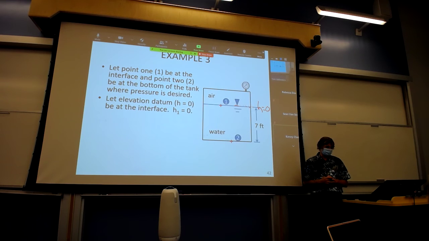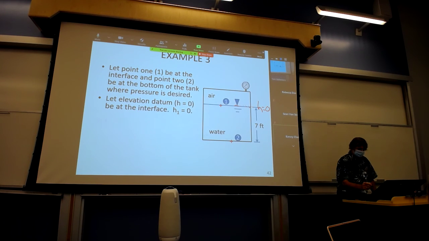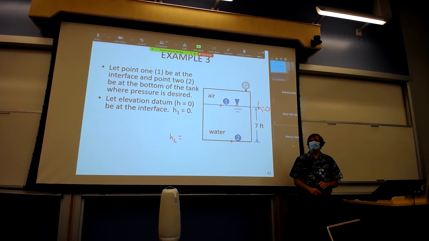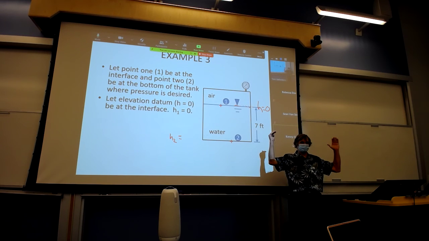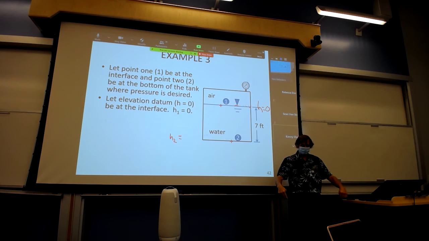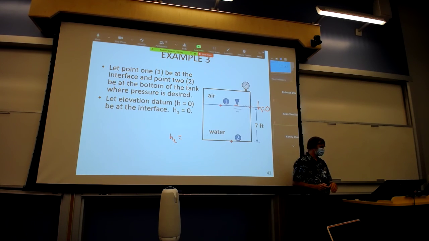H is going to be equal to 0 meters right at the surface. So if that's true, what's H2? Seven or minus 7? Which way does the h-axis increase? Down. It increases down. So what's h2? 7 meters. Very good.